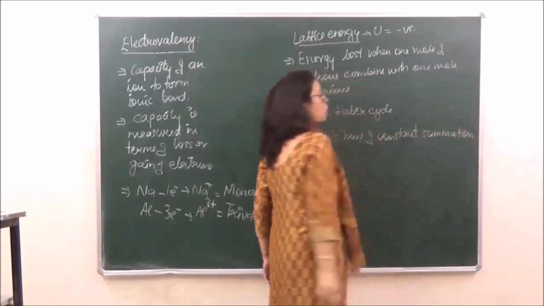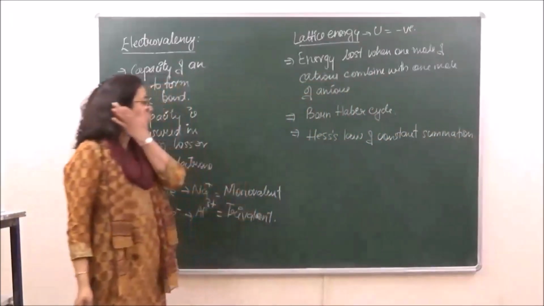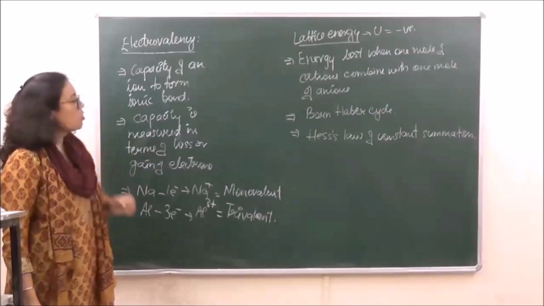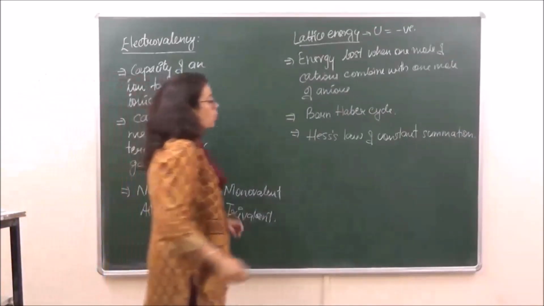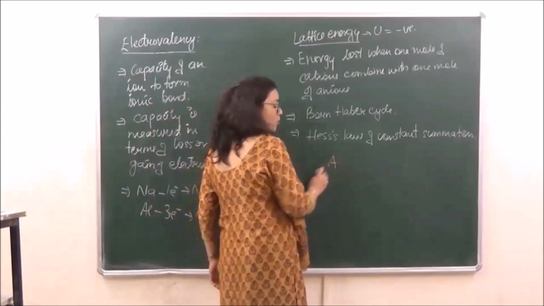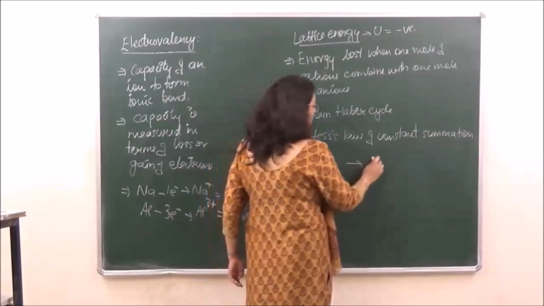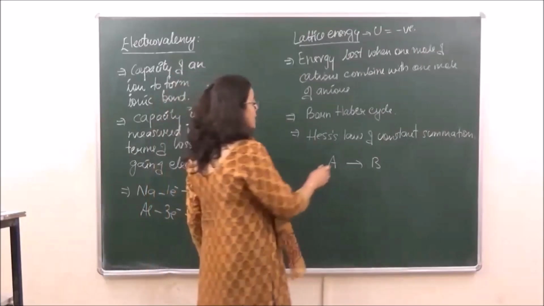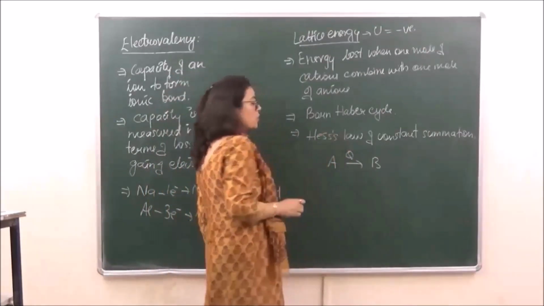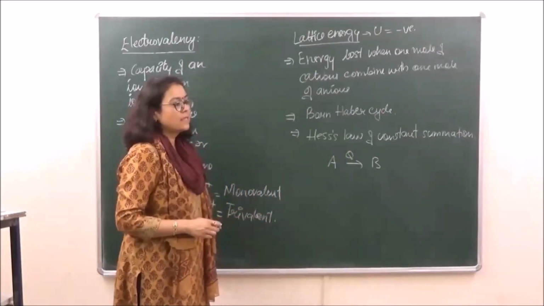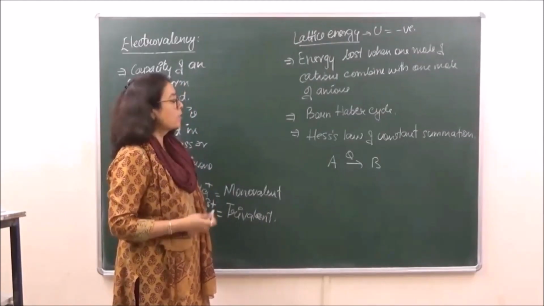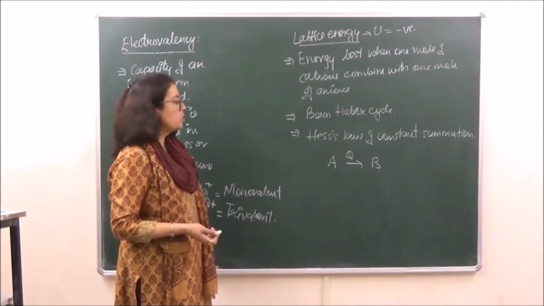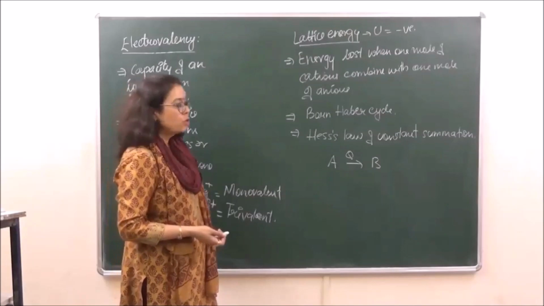What does this law say? According to this law, suppose we are doing a hypothetical reaction in which A is being converted to B, and the energy which is required to convert A to B, let's say that is equal to Q. Required or released, whatever the energy change, let's say that is equal to Q.